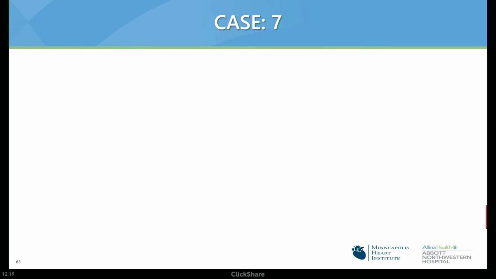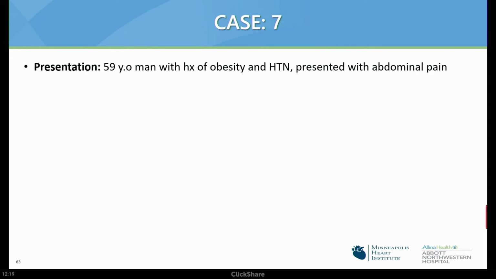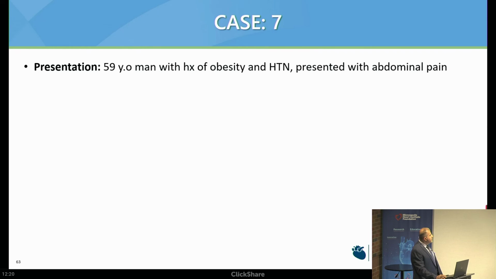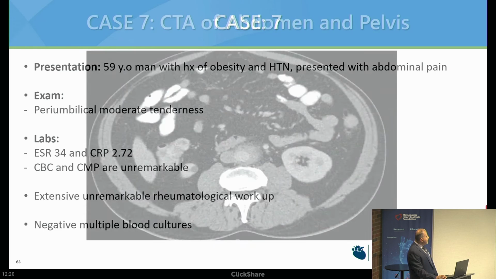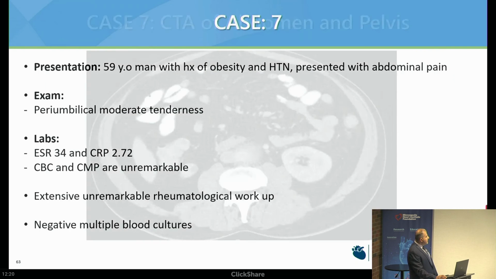Case 7 is a case of mine, a 59-year-old man with a history of obesity and hypertension, who presented with abdominal pain again, and periumbilical moderate tenderness on exam. Labs again showed elevated ESR and CRP. Extensive workup was negative.